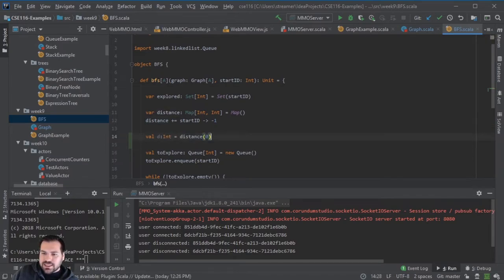This is one way to access it. You can use .get, but you're going to have to actually call get on it to get the value out of that thing, because you don't know if you actually found this value in the map or not.